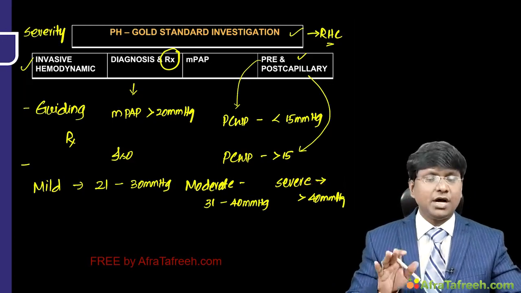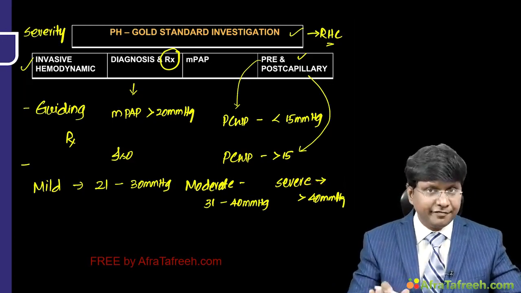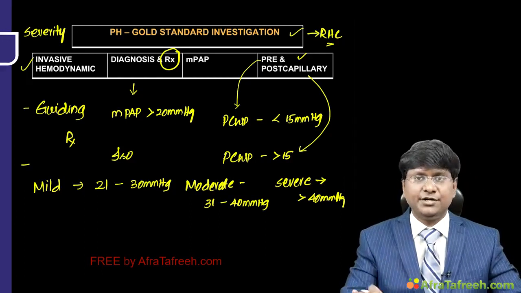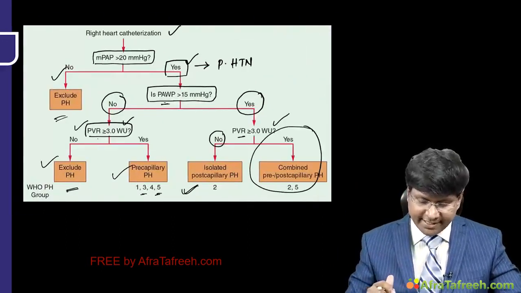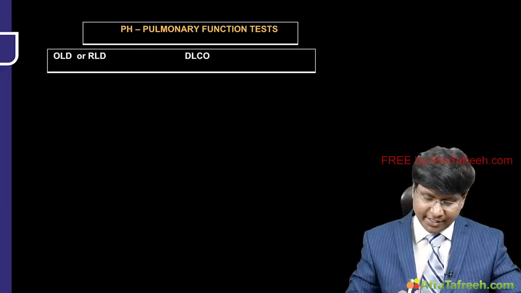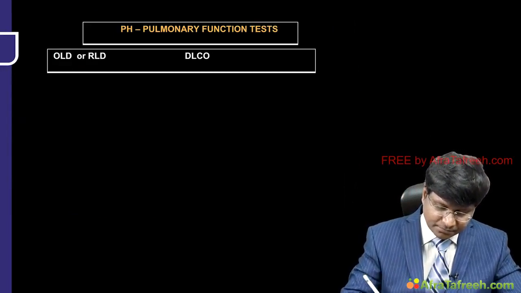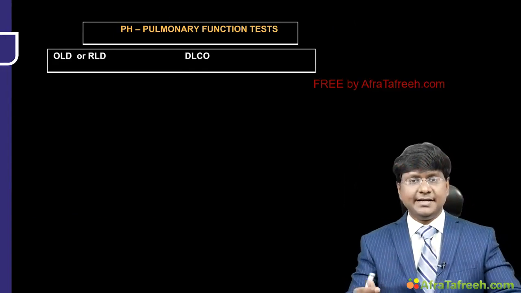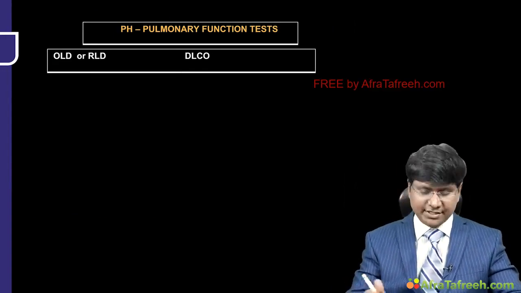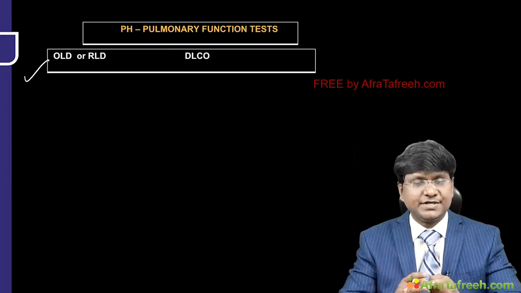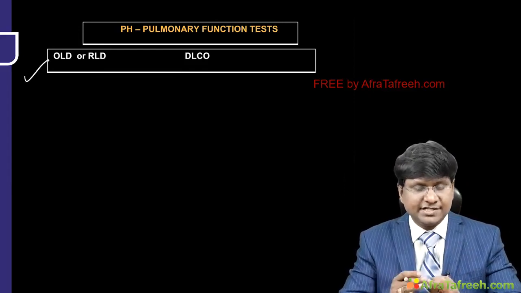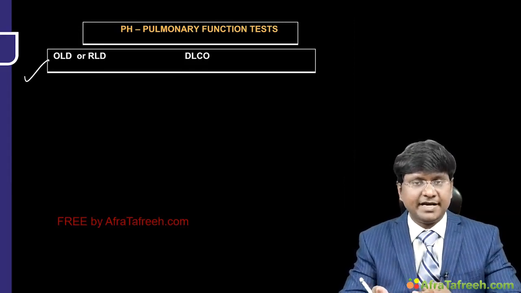So this is about how you work up the pulmonary hypertension etiology based on the right heart catheterization, right? Then, followed by that, the other important investigation is the pulmonary function test. By doing your pulmonary function test, what will you be able to make out? Is it obstructive lung disease causing pulmonary hypertension, or is it restrictive lung disease causing pulmonary hypertension?